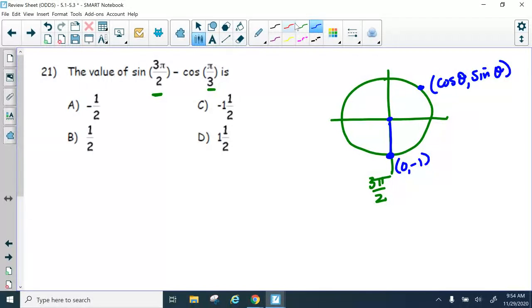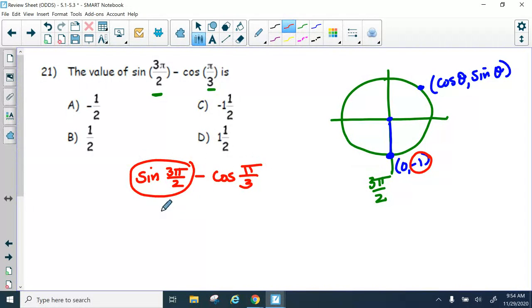So if I want the sine of 3 pi over 2, it's going to be negative 1. So if I rewrite this, sine of 3 pi over 2 minus cosine of pi over 3, in for this whole thing, that whole thing equals negative 1. Now I'm going to figure out the cosine of pi over 3.